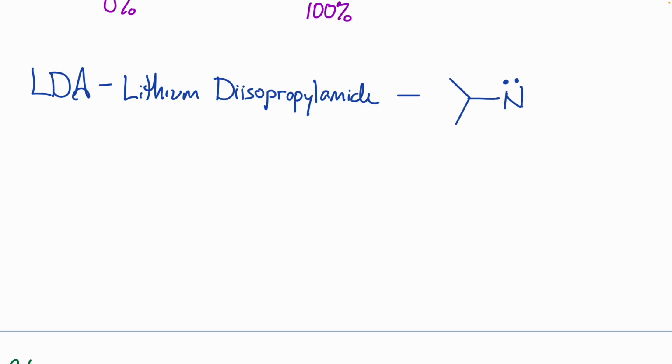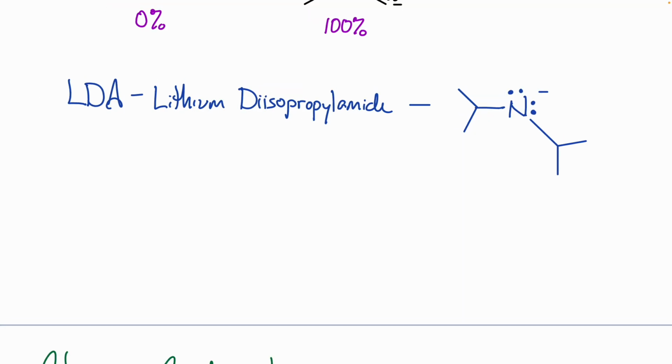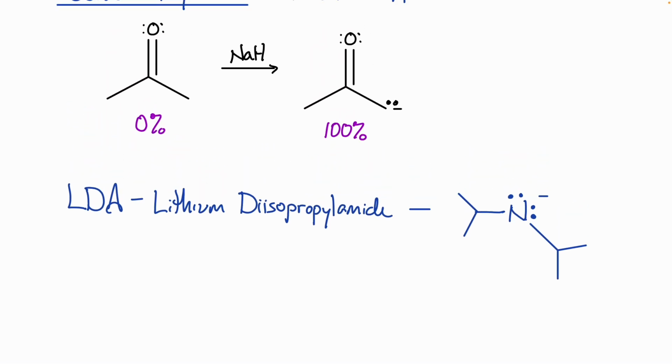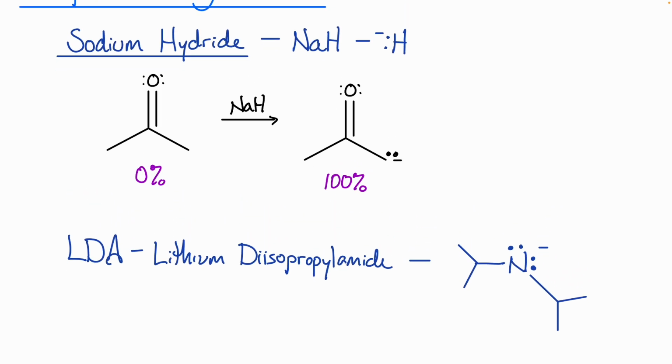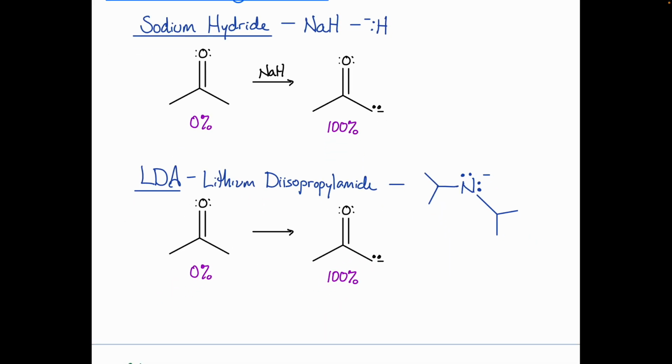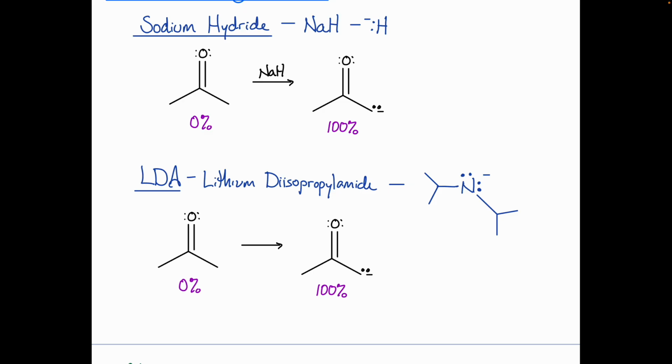It's got these two big isopropyl groups on it. But those negatively charged nitrogens, again, are super strong bases. And so same thing, if I were to take acetone and treat it with LDA, I would get this deprotonation reaction, this formation of my enolate that happens with 100% efficiency.